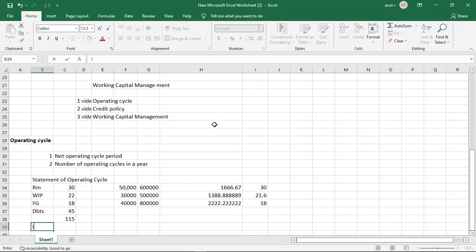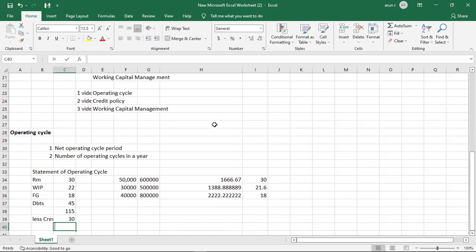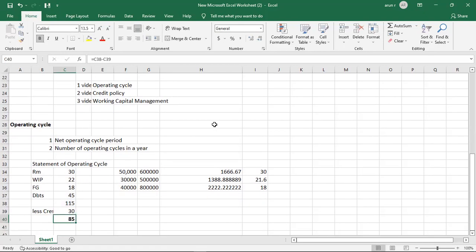Then less creditors. I have written it in short, that is 30 days. 115 minus 30 days is 85 days. 85 days is the operating cycle.